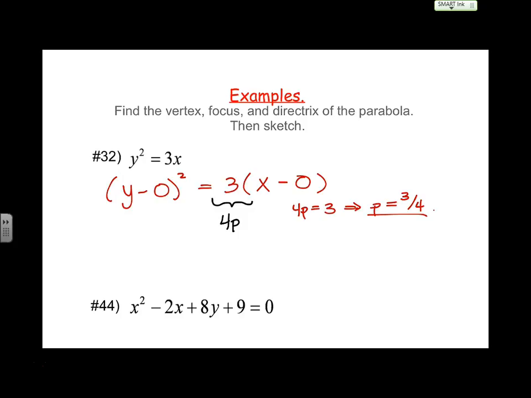So then if we were to get a graph, my brain just works better in graphs on this. Once again, you can go back to your chart and say, I have all this information, so how would I put it all together to get the different answers? But what I would say is, figure out what you have. Do we know our vertex? Yeah. What is it? 0, 0. Based on the y being squared, do we know what type of parabola it's going to be?